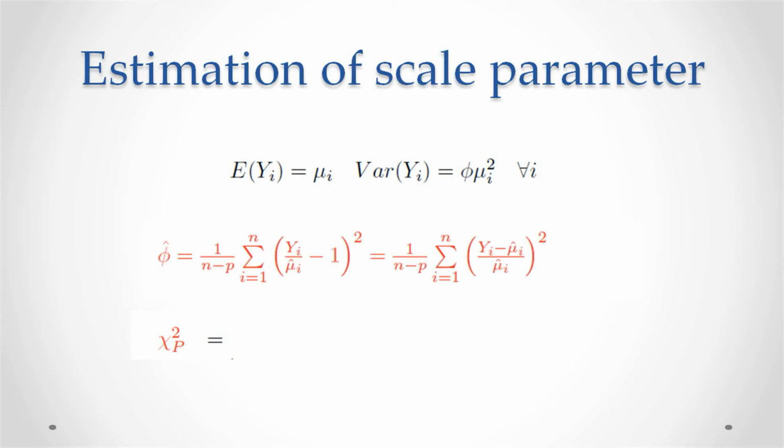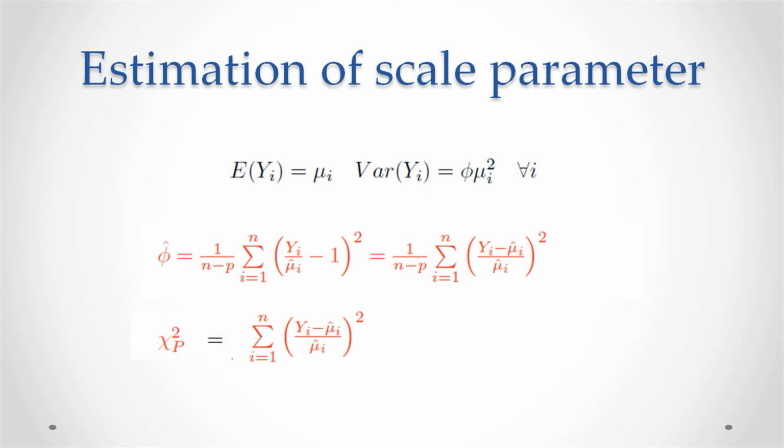To estimate the scale parameter, we can use the Pearsonian residuals and estimate phi hat as phi hat equal to 1 over n minus p, summation i equals 1 to n, of yi by mu i hat minus 1 squared, equal to 1 over n minus p, summation i equals 1 to n, of yi minus mu i hat by mu i hat, squared.